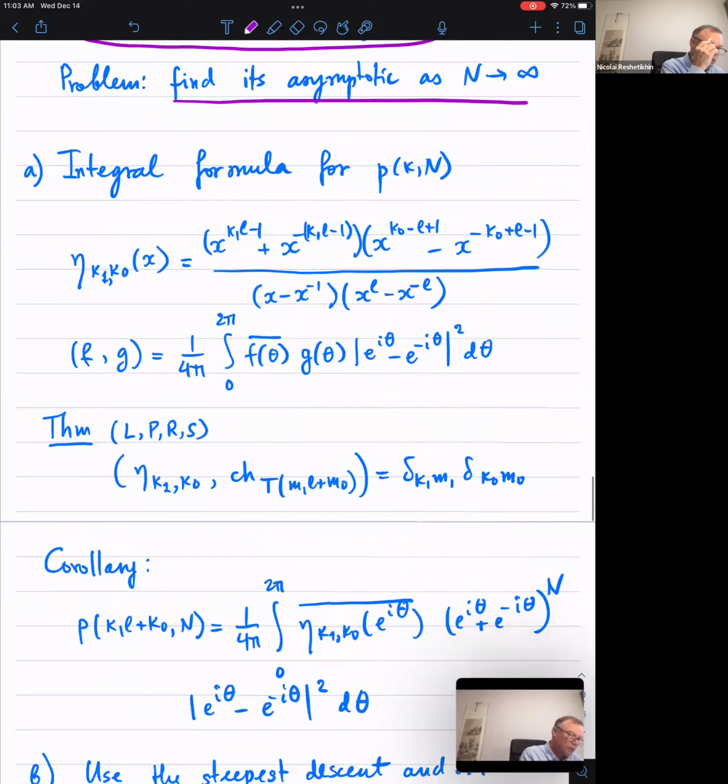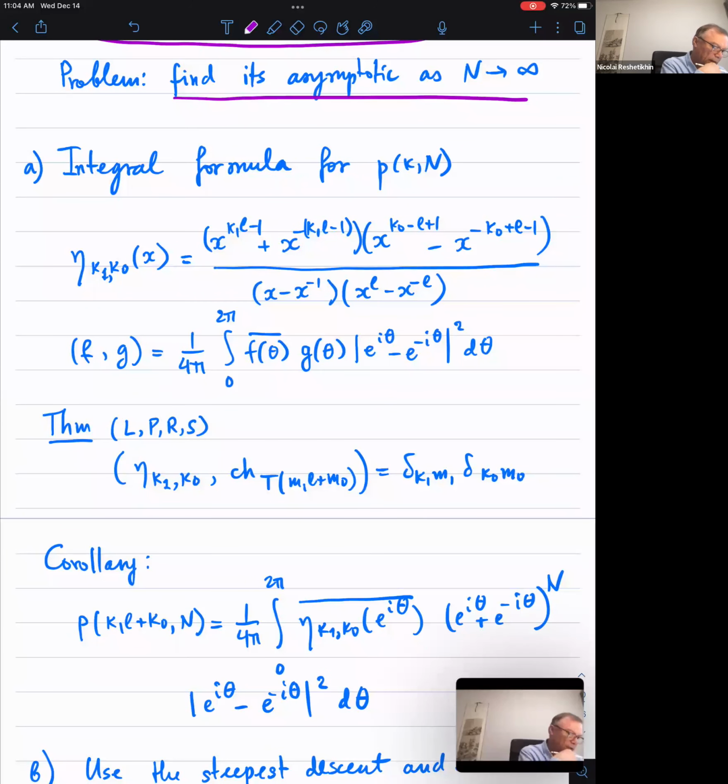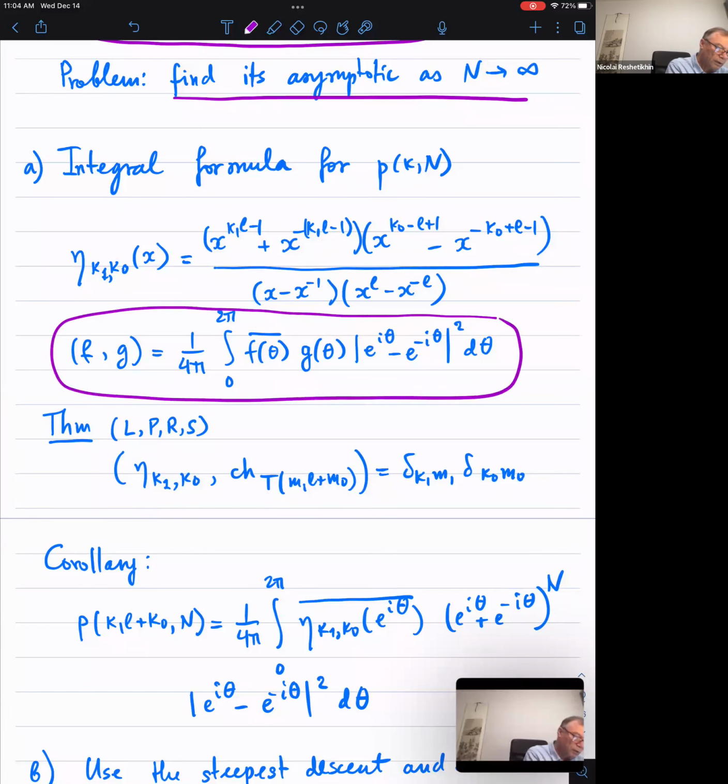So what you can do is find polynomials which are orthogonal with respect to the usual SL2 measure on SL2 characters. This is a totally formal game.